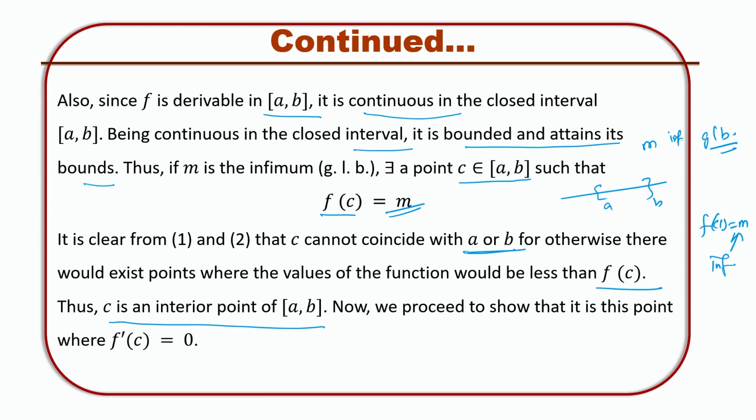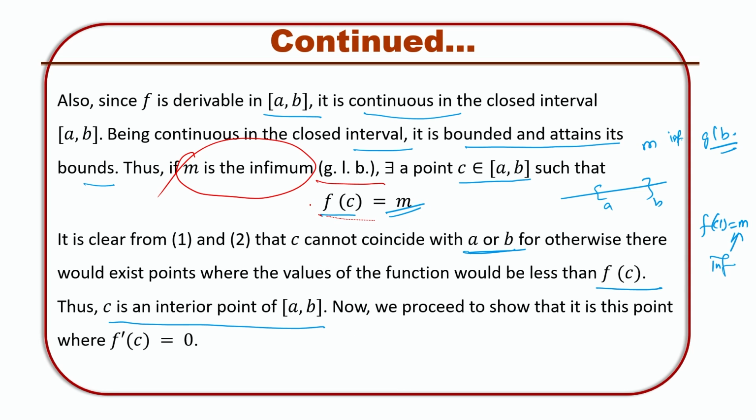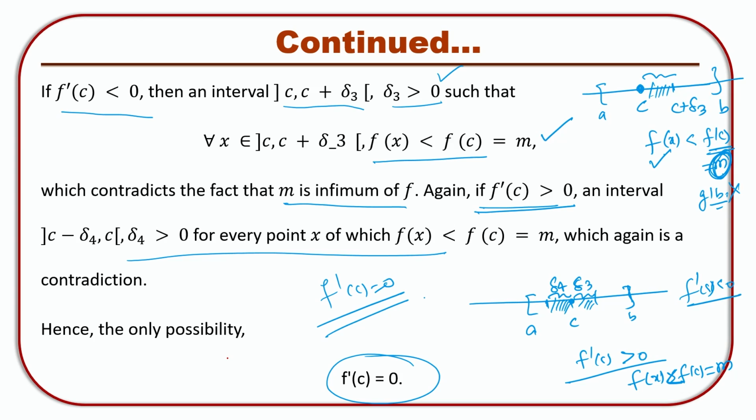As you can see here, m is the infimum, which is the greatest lower bound, and such that f(c) is equal to m, right? So that will prove that c is not going to be an end point, it's going to be an interior point, and that's why f'(c) is going to be 0.